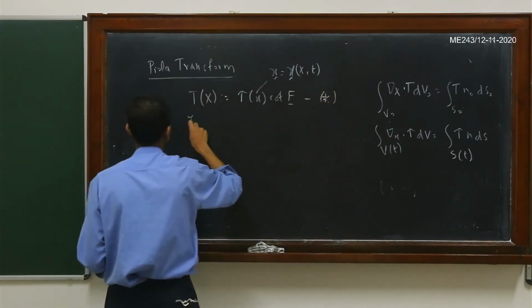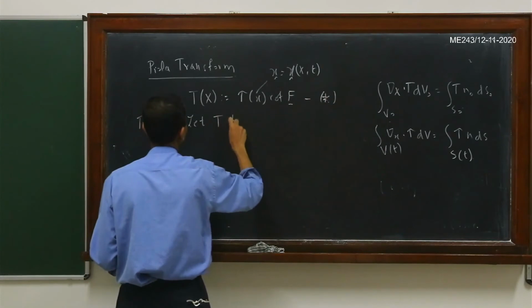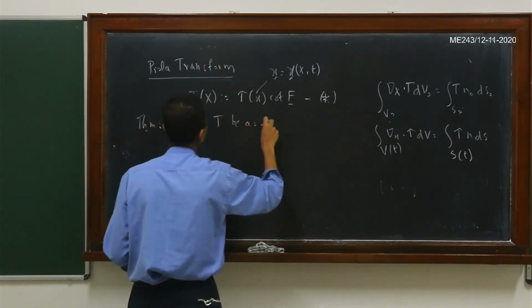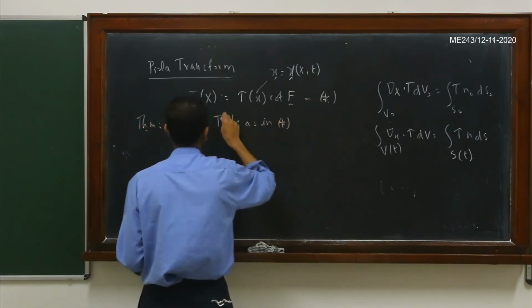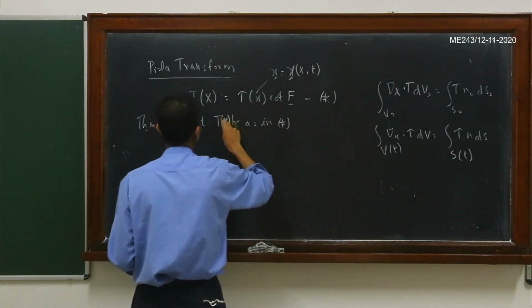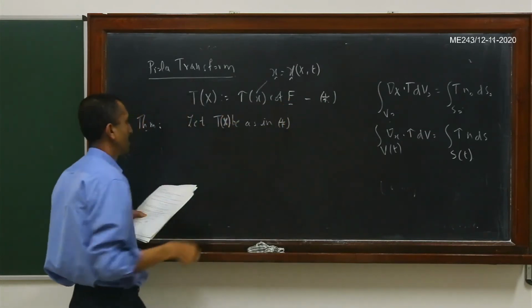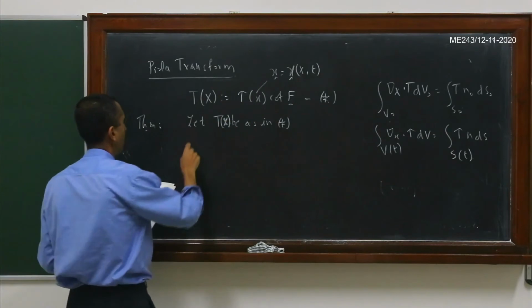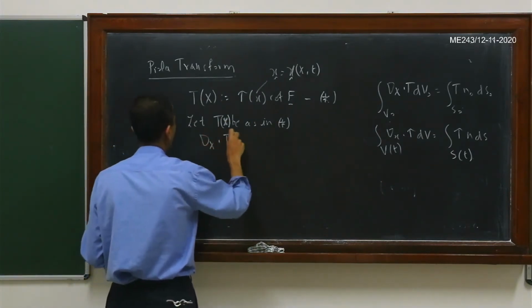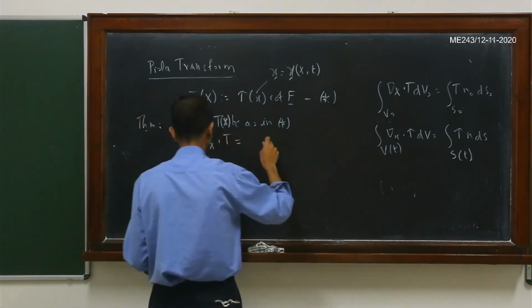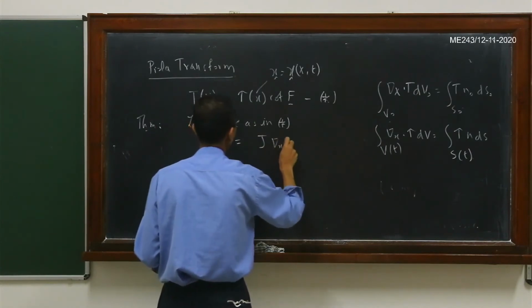Let T be as in star. So if we define our T of X as in star, then del X dot T is equal to J times del x dot tau.